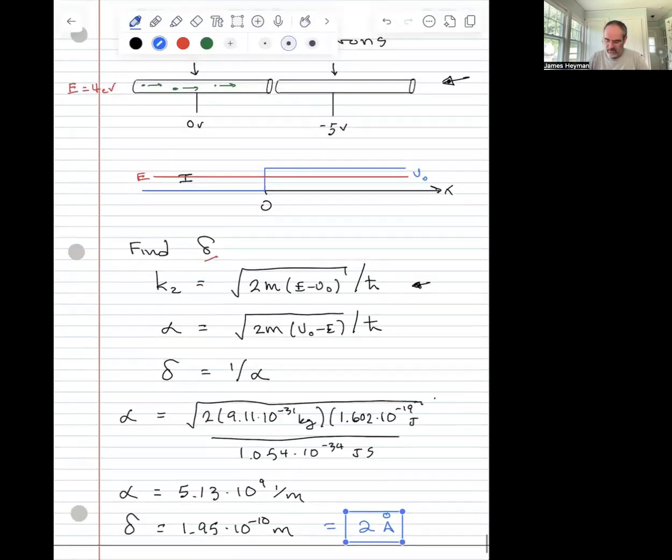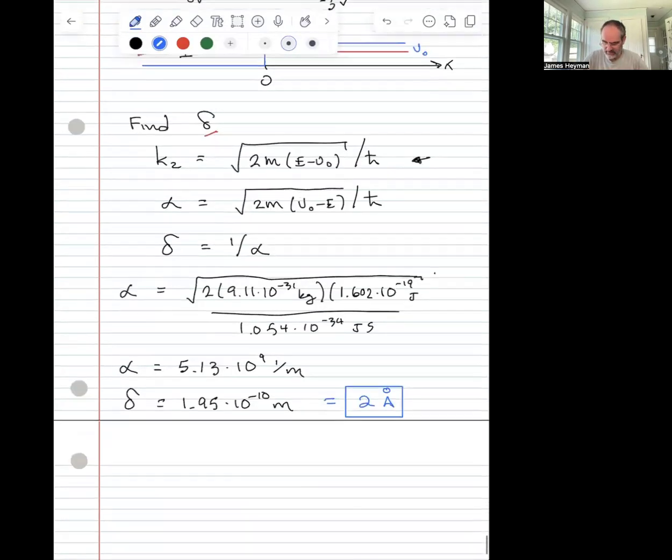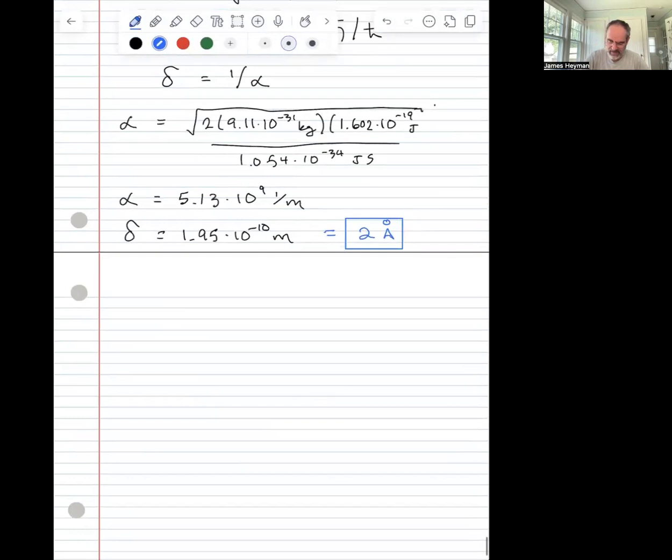So in the problem we've just found, electrons will penetrate into the forbidden region. They don't penetrate very far. They penetrate about 2 angstroms. That's on the order of the size of an atom, right? Because of that, you might think of a picture that would go along with this.